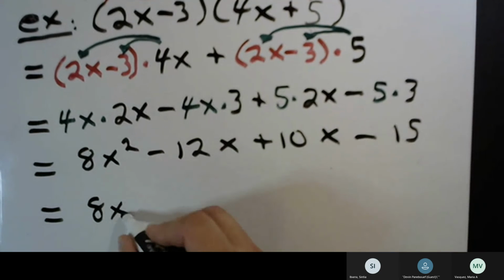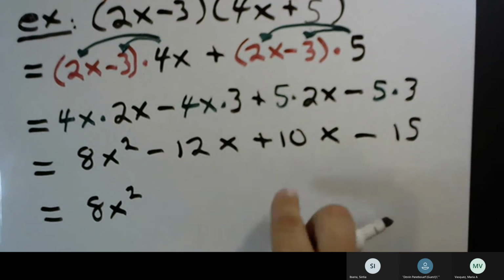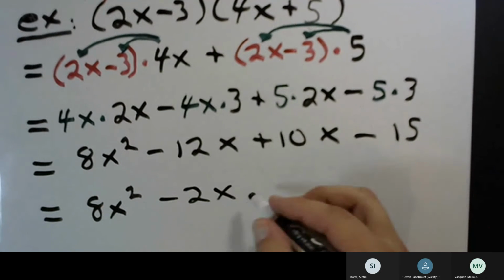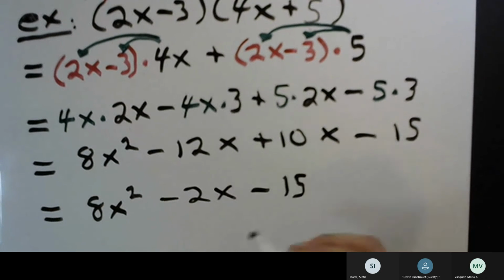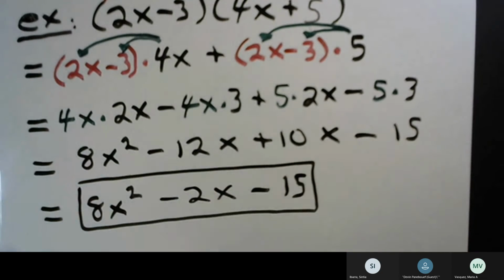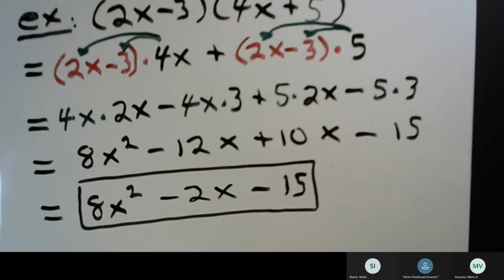This will be 8x squared minus 12 plus 10 is minus 2x minus 15 and that's going to be our answer. Questions about that?